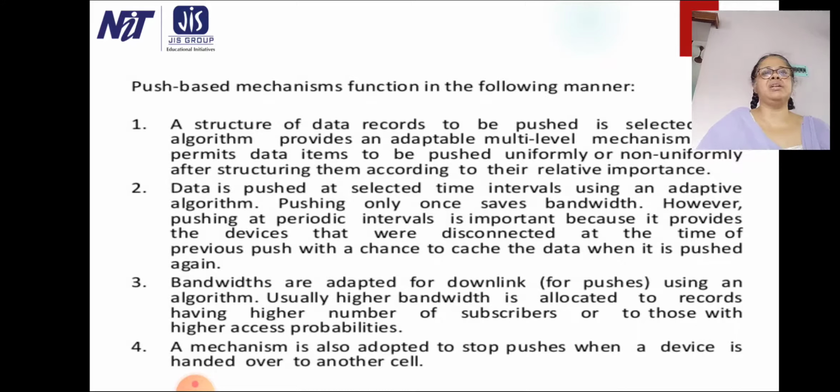Pushing interval is used, where data is pushed at selected time intervals using an adaptive algorithm. Pushing only once saves bandwidth.